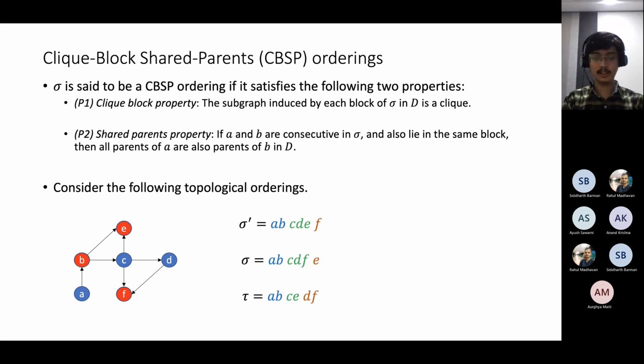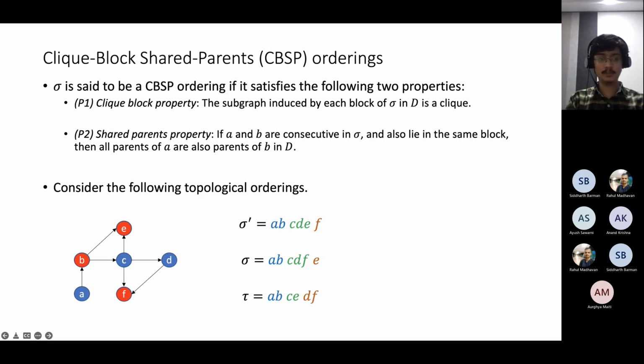Okay, now consider tau, which is A, B, C, E, D, F. Now again, the sink nodes are B, E, and F. Therefore, the blocks are AB, CE, and DF. And we can see that AB is a clique, CE is also a clique, and DF is also a clique. Therefore, this tau satisfies the clique block property. And let's see the parents of AB.